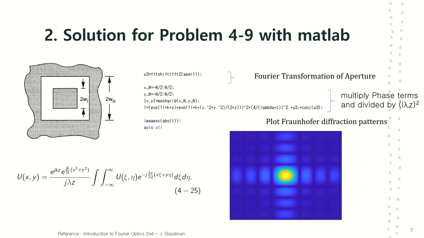And then I Fourier transform the aperture with MATLAB code using FFT. And next I multiply phase terms to the result of FFT and divide by i lambda z. Finally, I plot the result with MATLAB code.